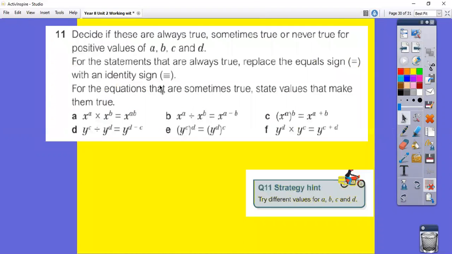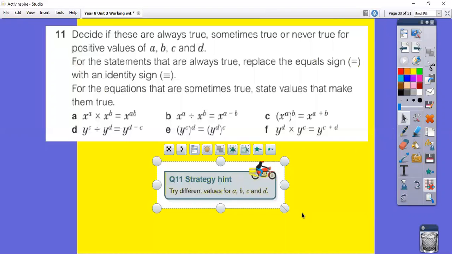And finally, question 11, decide if these are always true, sometimes true, or never true for positive values of A, B, C, and D. For the statements that are always true, replace the equal signs with the identity sign, so that's the triple bars. For the equations that are sometimes true, state values that make them true. So you need to substitute numbers here to make this statement true.